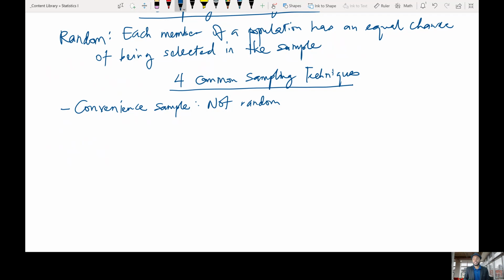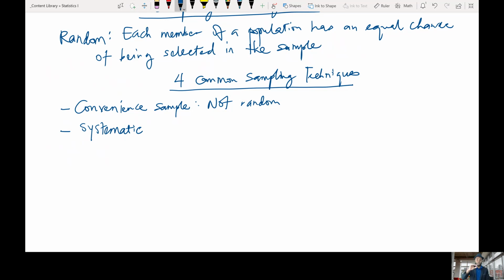Okay. Now let's look at techniques that are random. So one would be systematic. Systematic sampling is a technique that is always very nice to demonstrate when I have students in class.